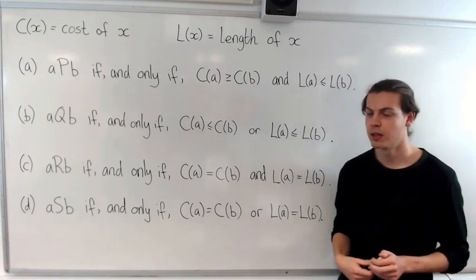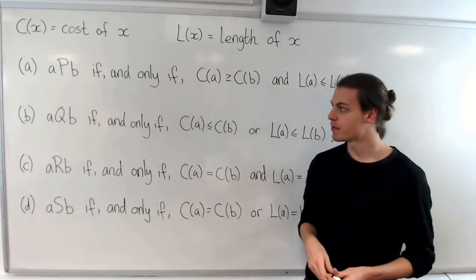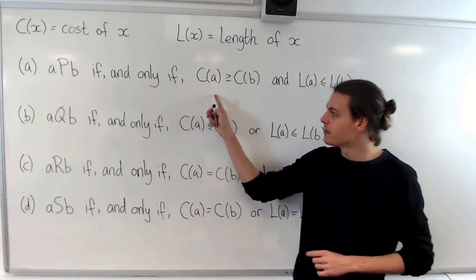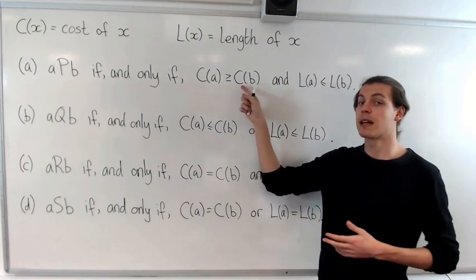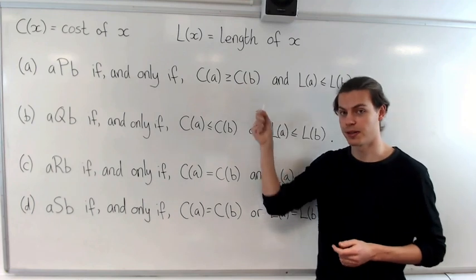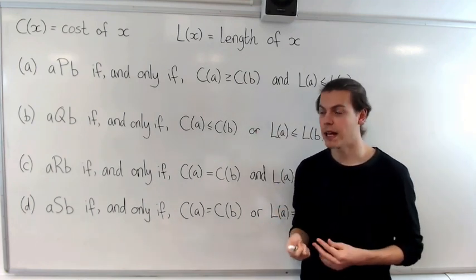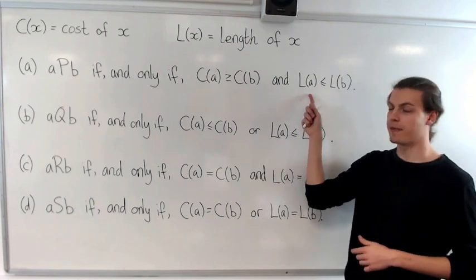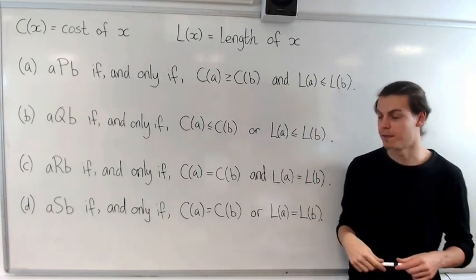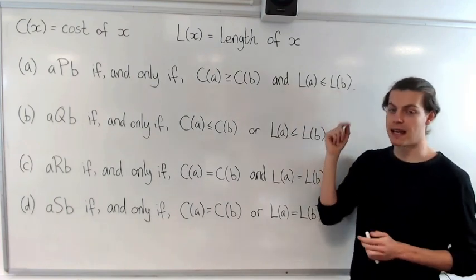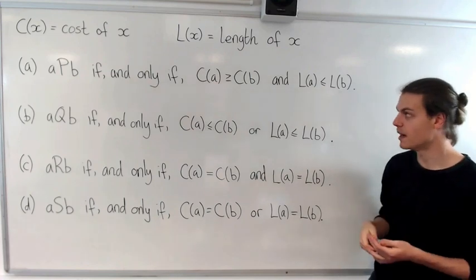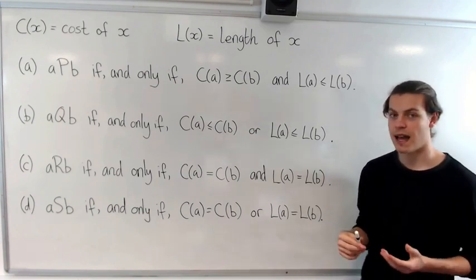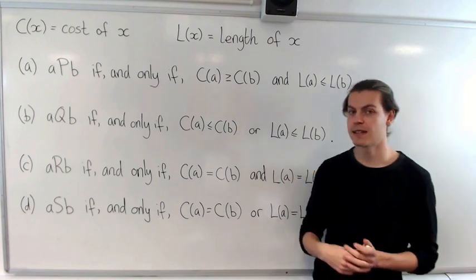Is this relation transitive? Well, if A is related to B and B is related to C, then the cost of A is greater than or equal to the cost of B, and the cost of B is greater than or equal to the cost of C. So certainly the cost of A is greater than or equal to the cost of C. And the length of A is less than or equal to the length of B, and the length of B is less than or equal to the length of C. So certainly the length of A is less than or equal to the length of C. So yes, A is related to C, so this relation is transitive.